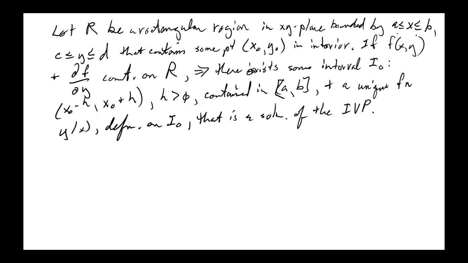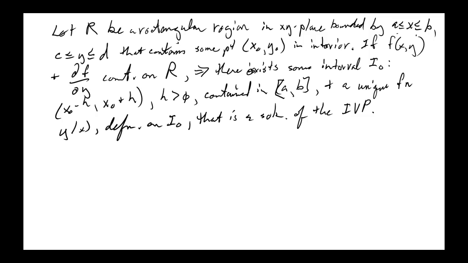Now, if the function f of x, y, which is what the derivative represents, and the partial of f with respect to y, which would be very close to what your first derivative is here. This is dy dx, but you see dy dx is that function, so it's not really the same thing. That's the partial of that function with respect to x.